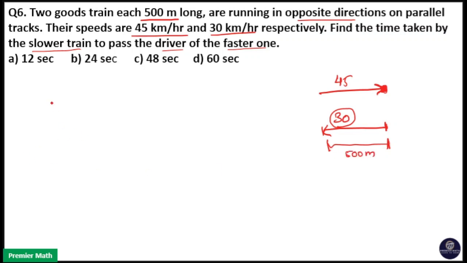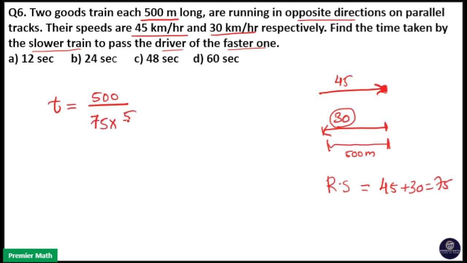So the time taken to pass this driver by the slower train is equal to the length of the slower train divided by speed. Speed is equal to relative speed. When bodies are moving in opposite directions, add the speeds, that is 45 plus 30, 75 km per hour.